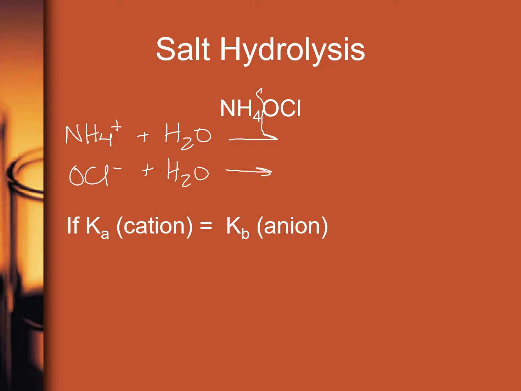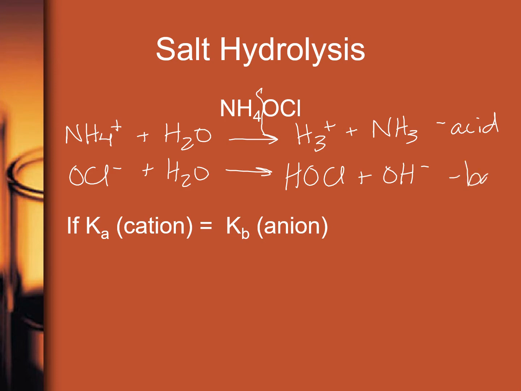Ammonium is going to give up a hydrogen to produce the hydronium and NH3, which is ammonia, a weak base. So that means that this is acidic. But we need to check both ions. The OCl, because it's negative, attracts the hydrogen to produce HOCl and hydroxide. This produces a weak acid, so this is basic.